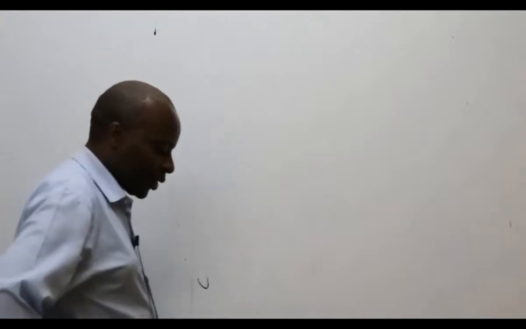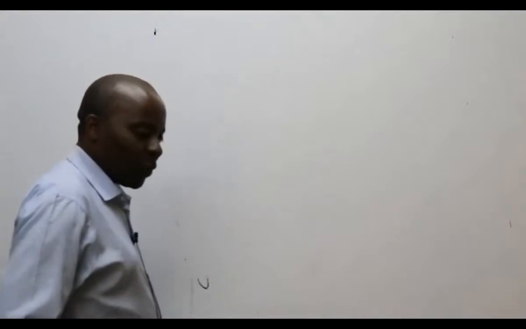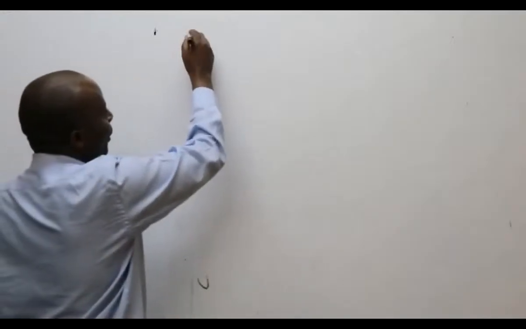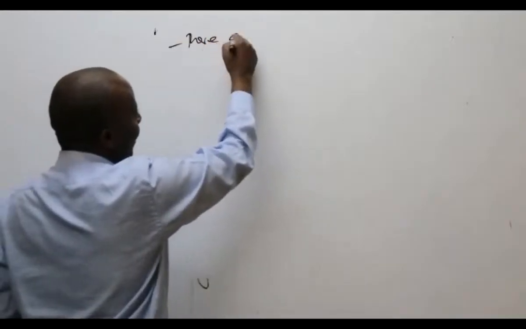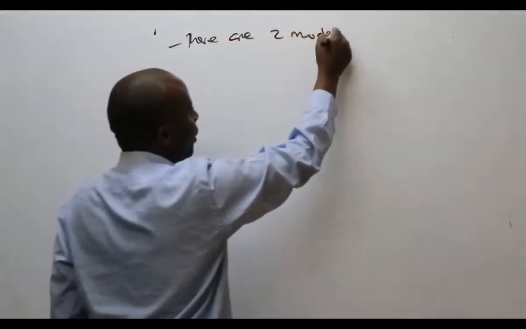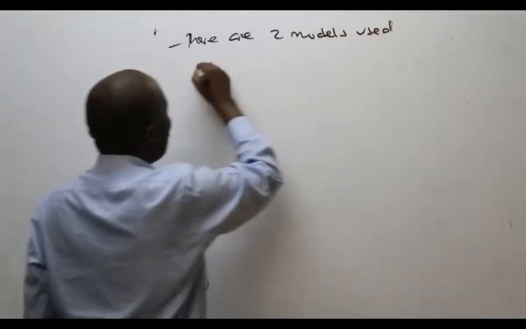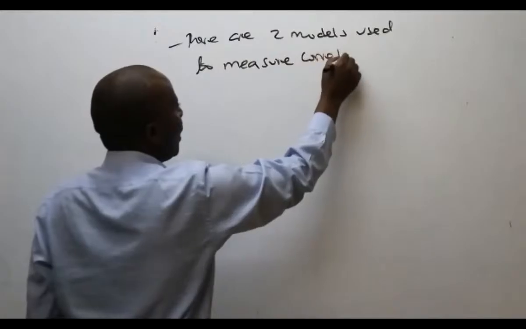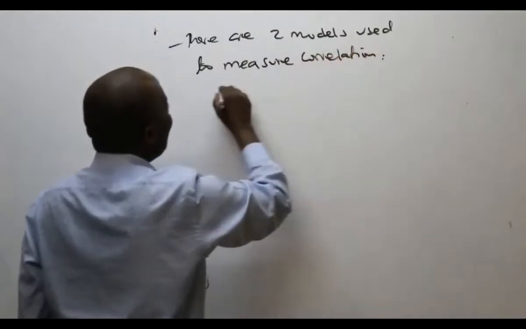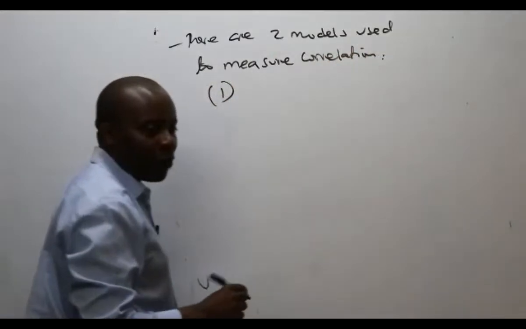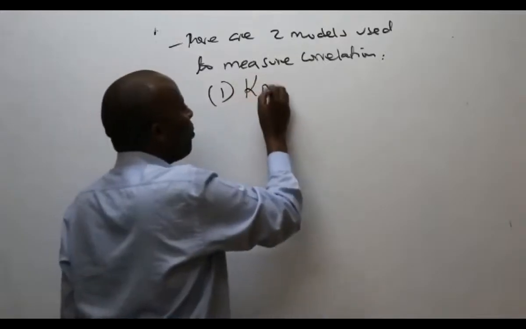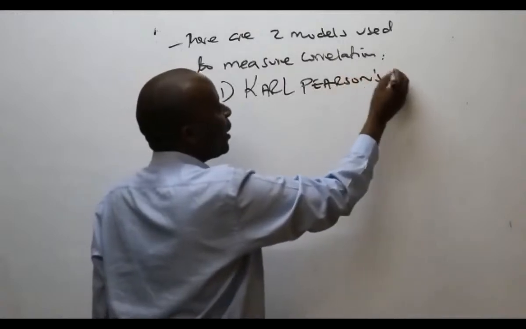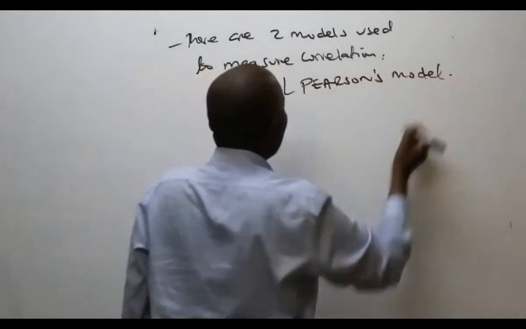Ladies and gentlemen, for us here, there are two models normally used to measure correlation. We're writing our notes that there are two models used to measure correlation. Number one, we have what we call the Karl Pearson's model.